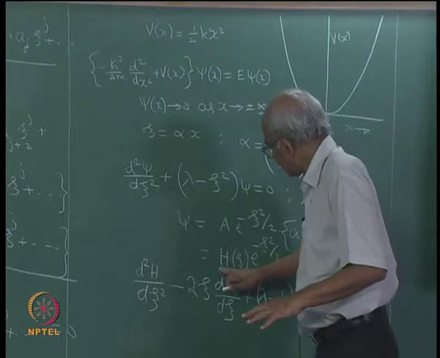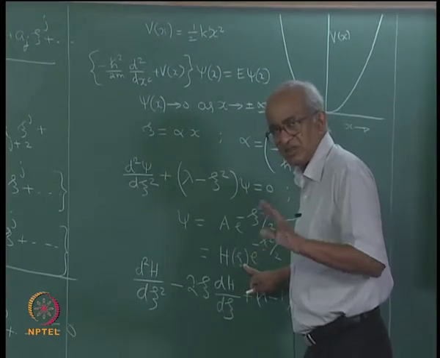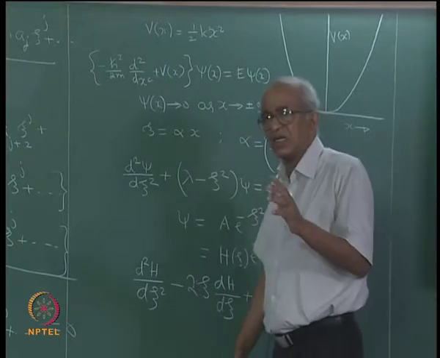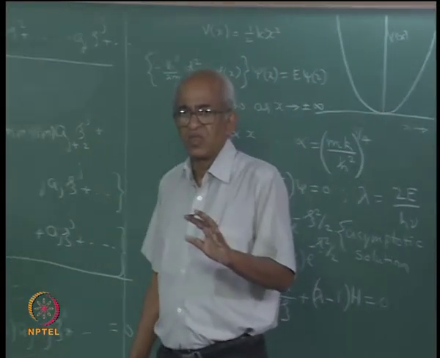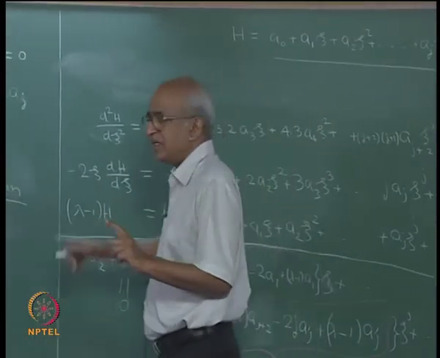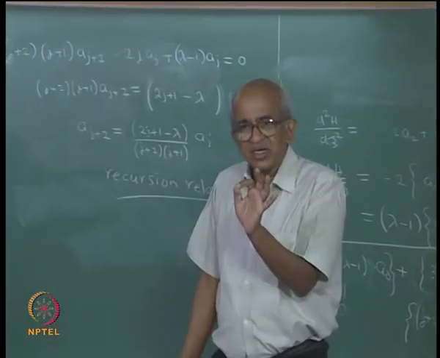So, what will happen is that this H may be symmetric or it may be antisymmetric, and when is it that H is symmetric? If H is to be symmetric, then I should have only the even terms in the series.